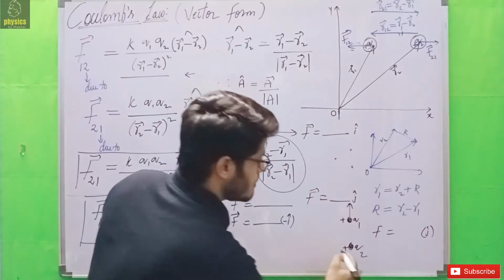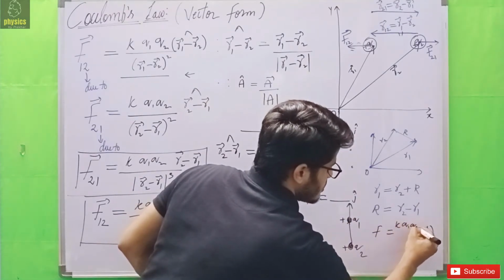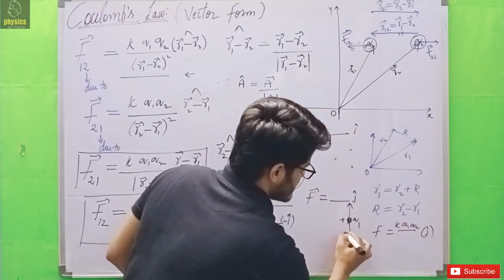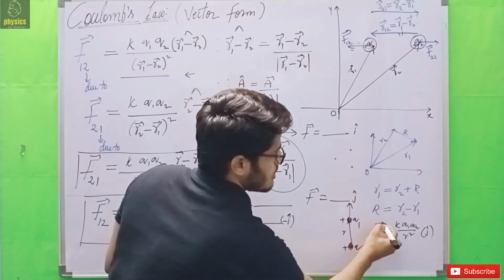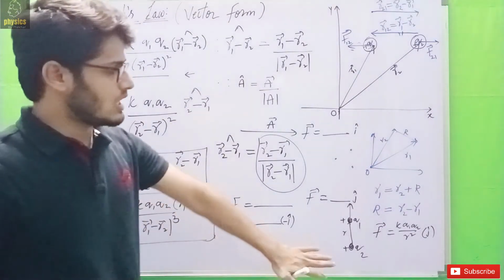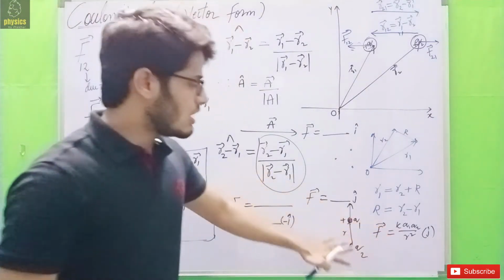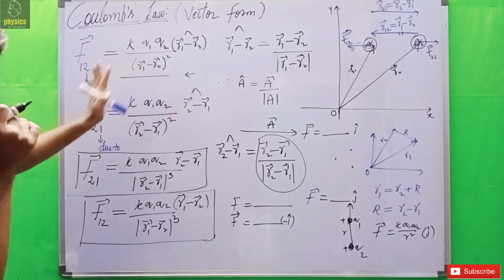The magnitude will be k q1 q2 by r square, if the distance between them is r. Now you can write the vector. So this is how we will be using it while solving the problem, not these kinds of complex things.